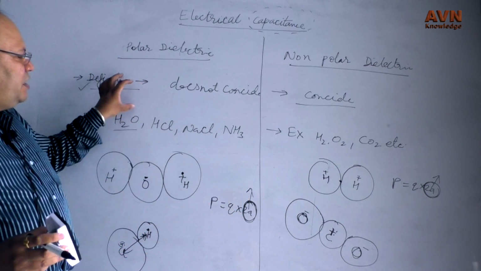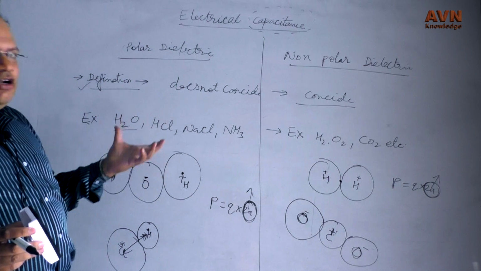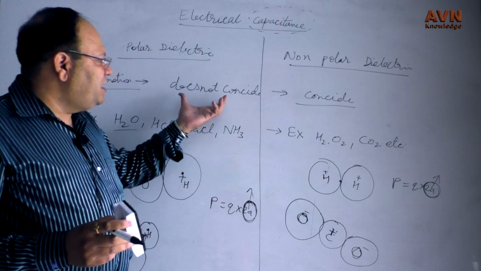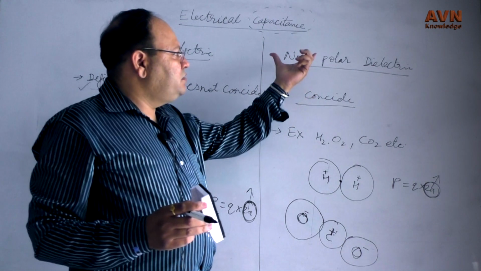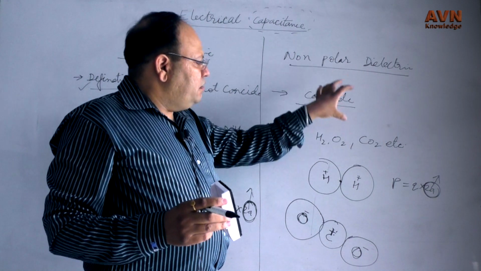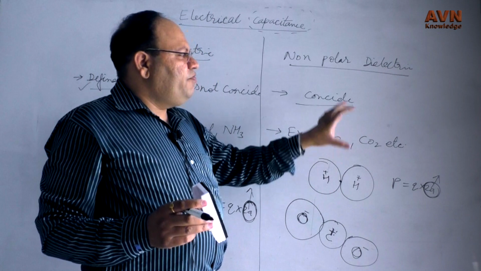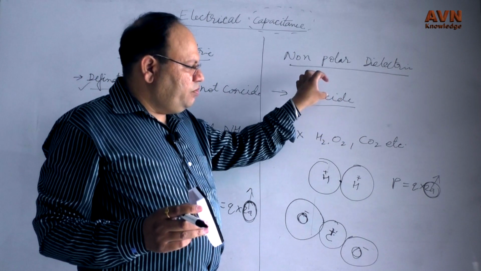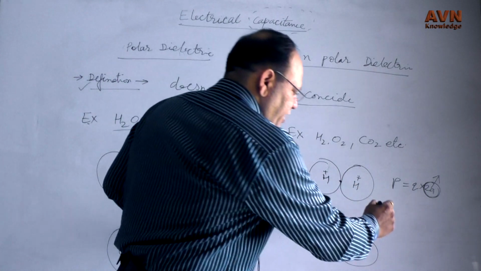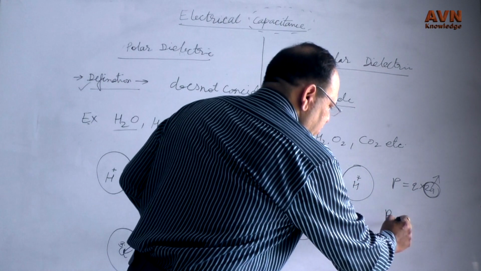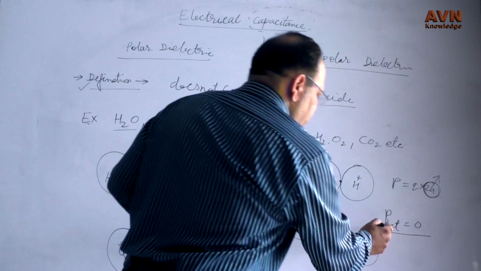So the center of mass of positive charge and the center of mass of negative charge are separated in the polar dielectric, and the center of mass of positive charge and the center of mass of negative charge coincide with each other in the non-polar, meaning they are not separated. So when we calculate the electric dipole moment, the P net will be 0 here.